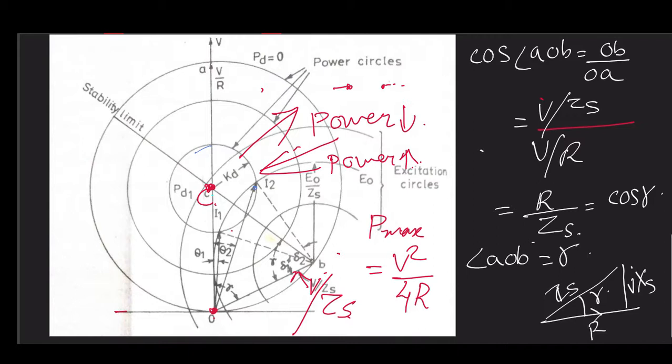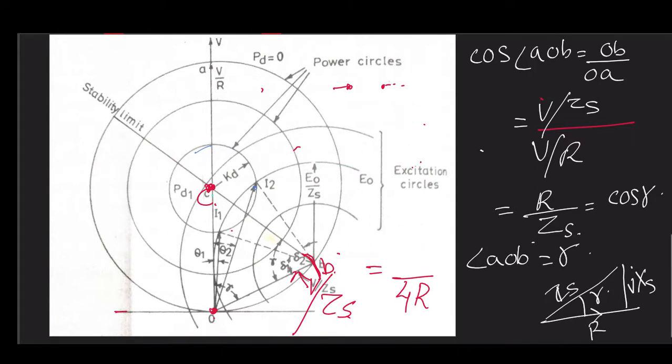That arc intersects at this point B. Now from this point B, we start drawing concentric circles with radius E naught by ZS.